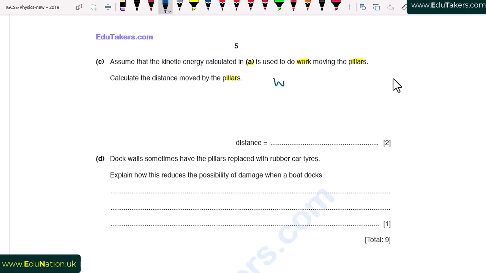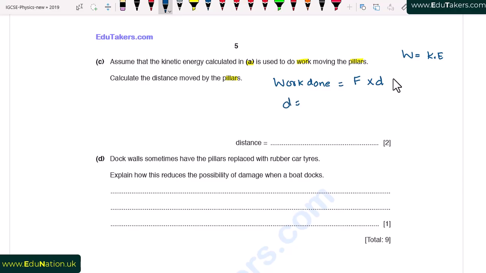So I write here work done will be equal to force multiplied by distance traveled. Here we have to find out the value of distance, and kinetic energy is used to do work. It means that work is equal to kinetic energy.